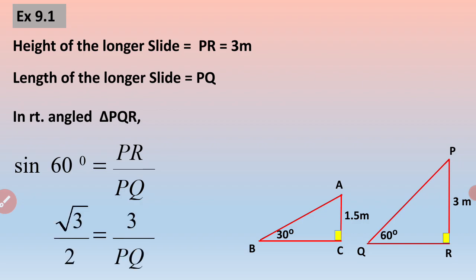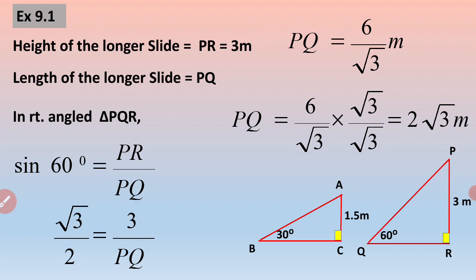Here, again, I have only one unknown because sine 60 is a constant value. PR is also given. So when I solve, I directly get the value of PQ. Now PQ is 6 upon root 3. Here we are going to rationalize the denominator and I get PQ as 2 root 3 meters.